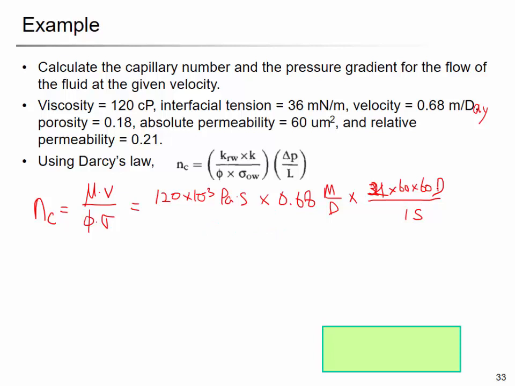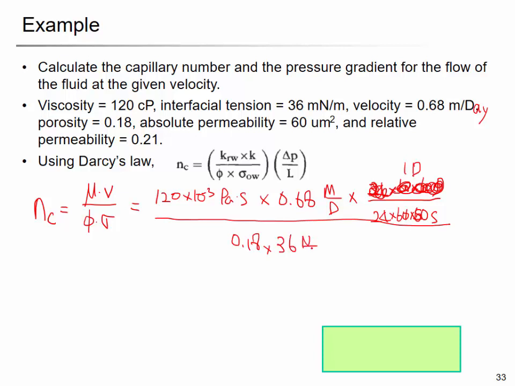What's the other way? Second. And this will give you some value, right?